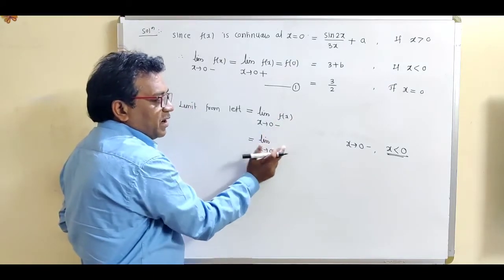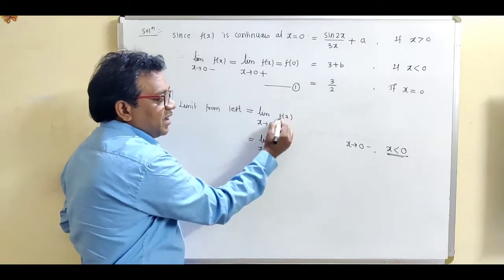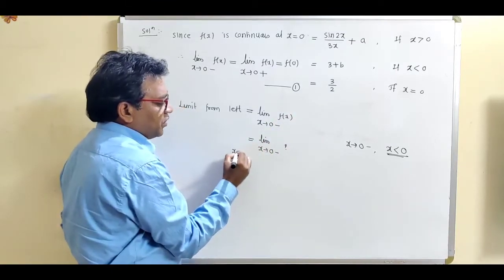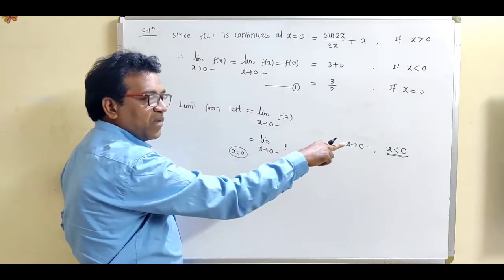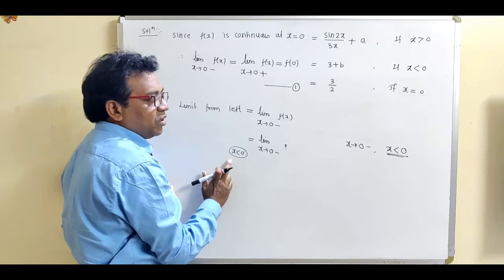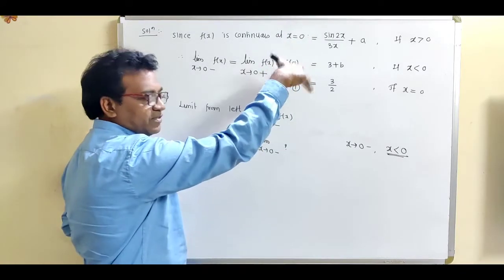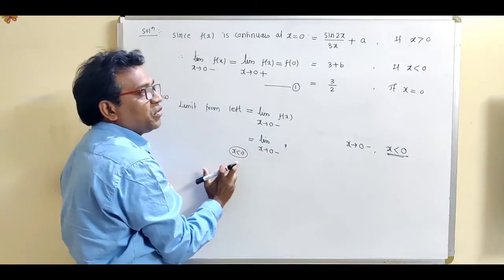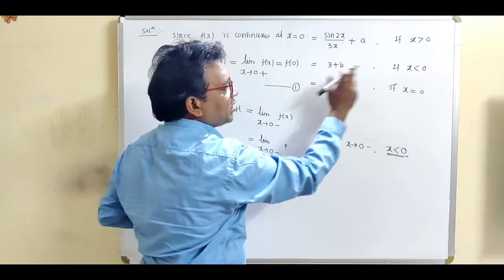Now we want to write here f(x). So how to write this f(x)? Select that function at which this condition holds. x tending to 0 minus means we require the condition x less than 0. We are given f(x) in 3 ways, so select that function at which the condition x less than 0 holds.